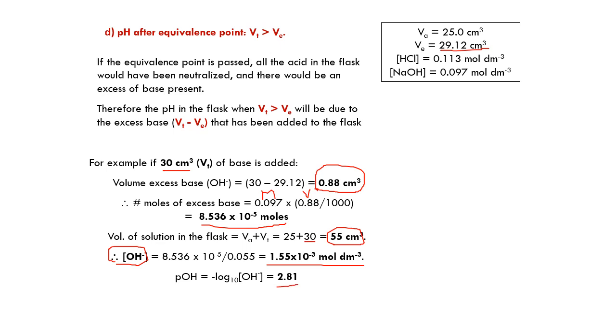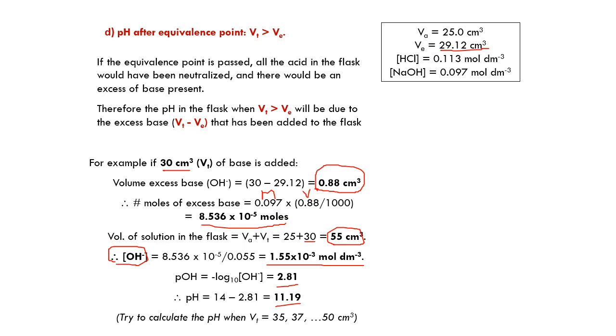What is the relationship between pH and pOH? pH plus pOH equals 14. So therefore, pH will be equal to 14 minus the value of our pOH. So when 30 centimeters cubed of sodium hydroxide has been added, we would expect the pH to be 11.19 in this example.